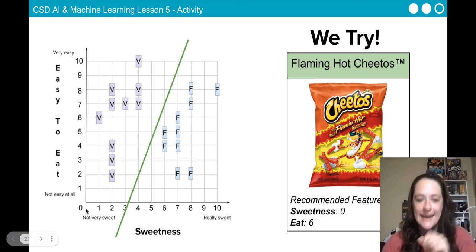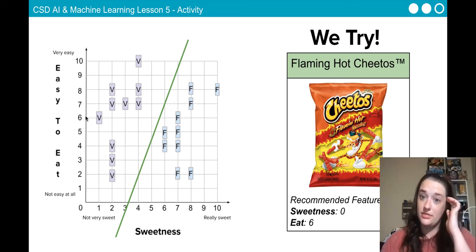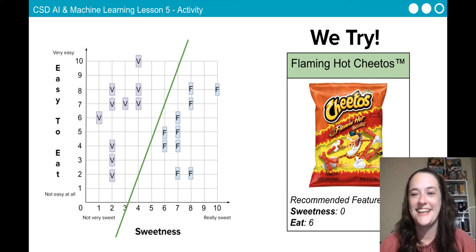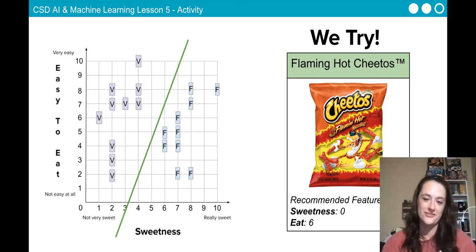Sweetness, none. Absolutely none. Ease of eating, 6. That is definitely a number that might not be true for everybody. Okay? So, Cheetos are a vegetable based on our model.